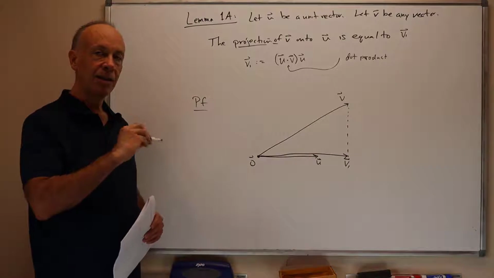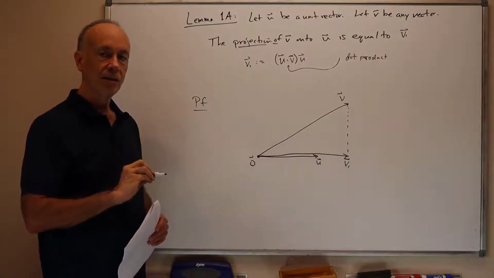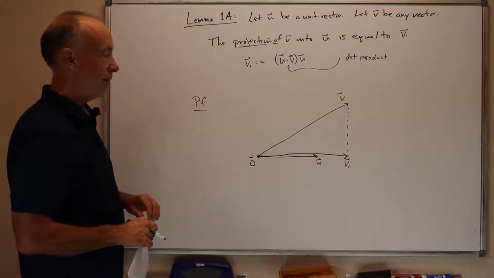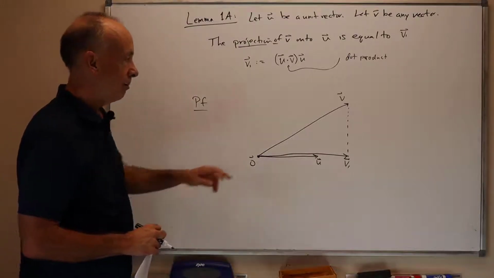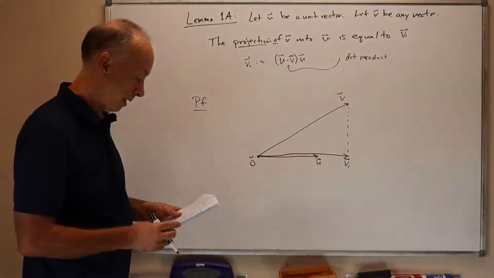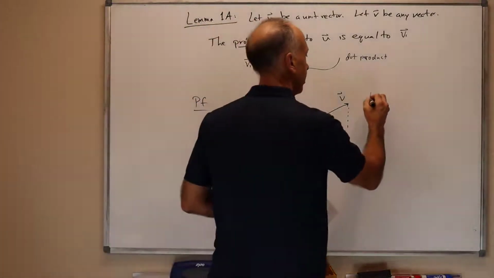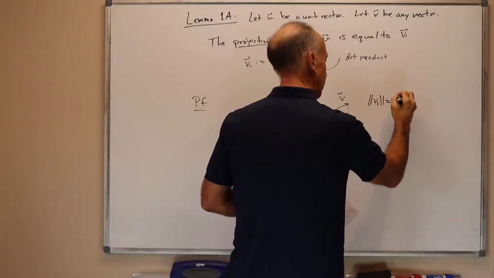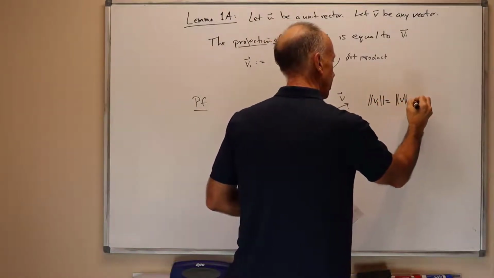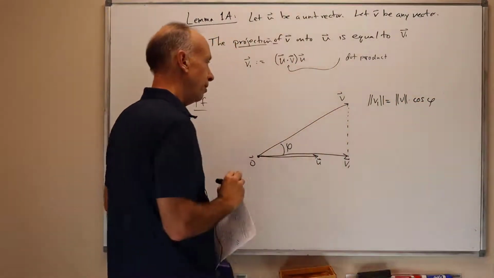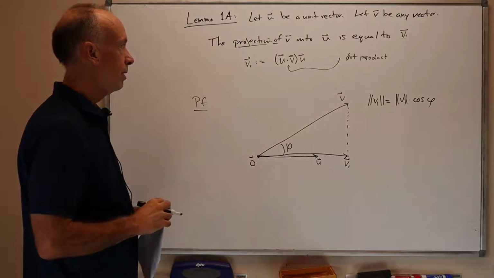So the projection is a vector. It's in the direction of u, or could be in the negative direction of u if v is over here. And it's obtained by dropping v perpendicularly down to the line containing u. So in particular, the length of v1 is equal to the length of v times cosine of phi, where phi is this angle between u and v1.